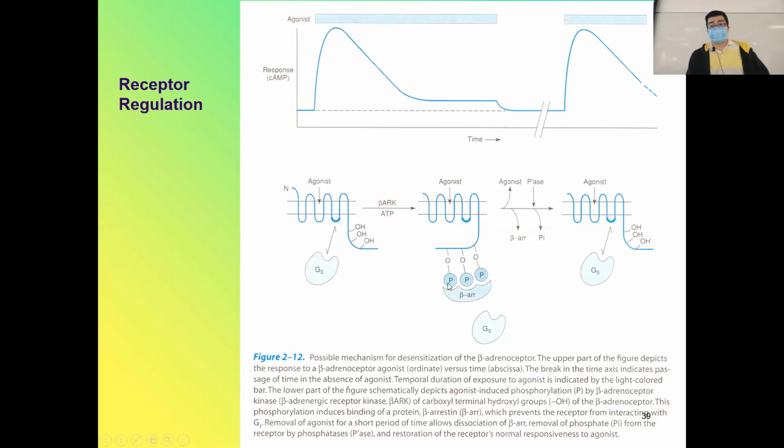So the receptor will be phosphorylated, and then another protein called beta-arrestin will bind to the phosphate group in the receptor. Then even if the agonist can bind, it will not be responsive. Okay. So until some time a phosphatase kicks in and removes the phosphate group, and then the G protein can interact with the receptor again. Then the receptor will be responsive again.